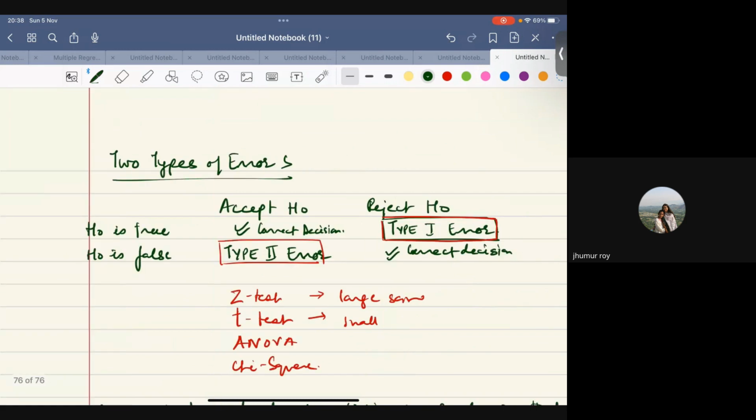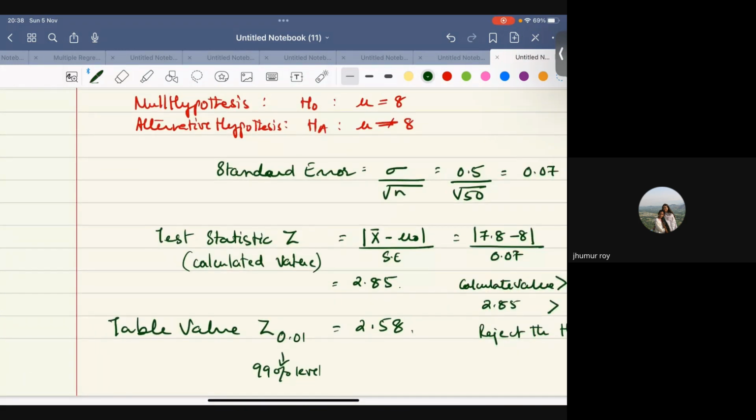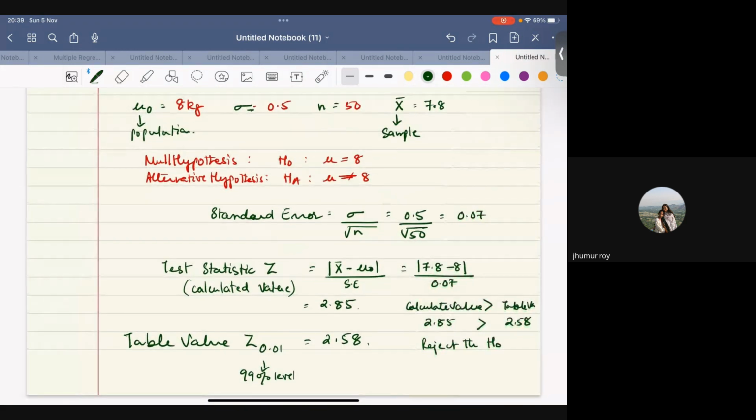So we have rejected the null hypothesis. So what are we going to say? Manufacturer's claim is wrong. Okay.